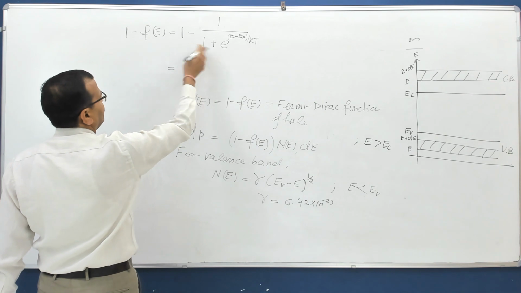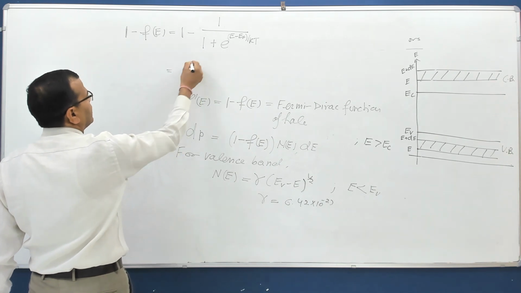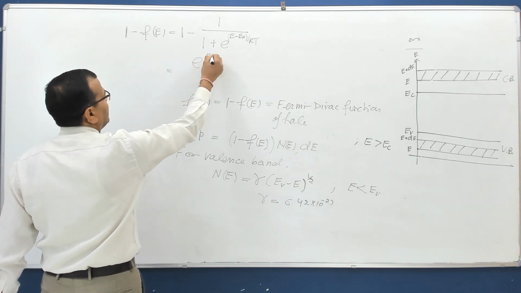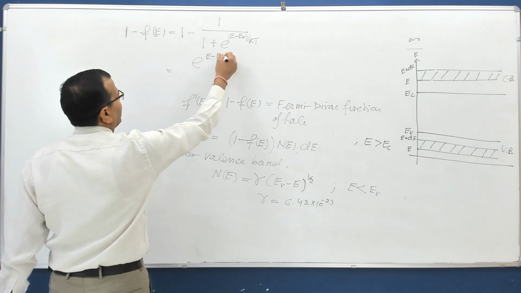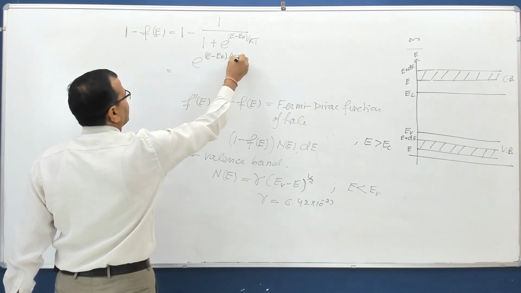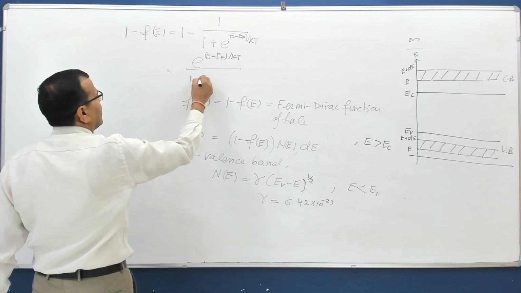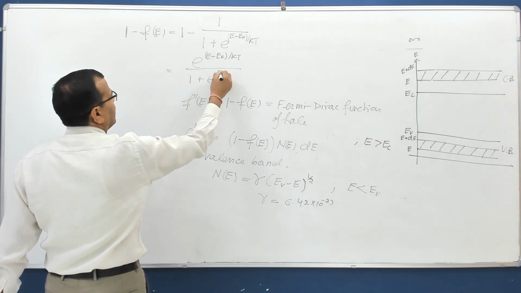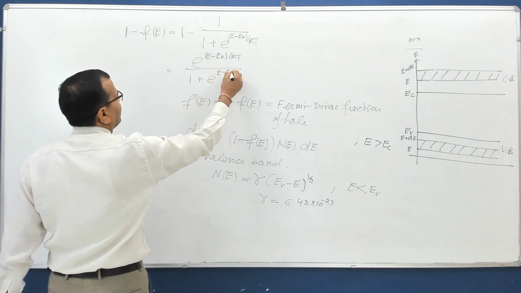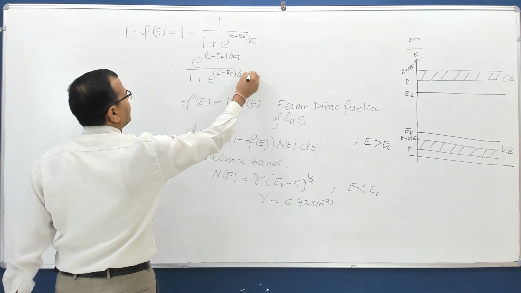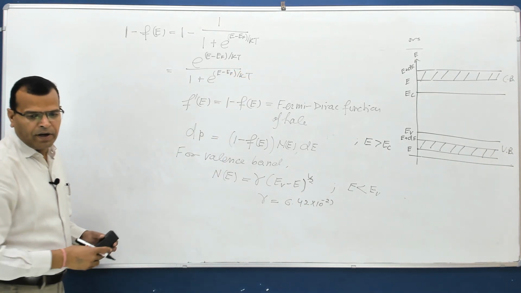If you simplify it, that is e raised to the power (E minus Ef) by kT divided by (1 plus e raised to the power (E minus Ef) by kT).